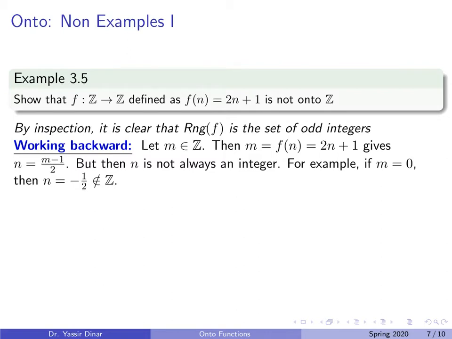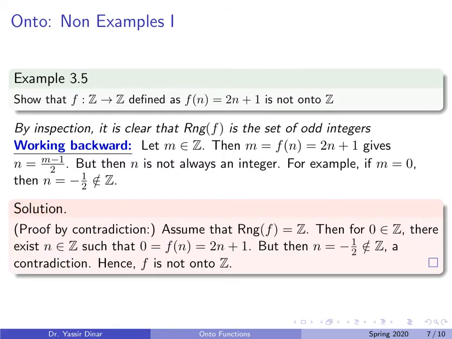So the solution for this example will be a proof by contradiction. We assume that the range of my function f is equal to the set of integers. Then for 0, we can find an integer n such that 0 is equal to f of n equal to 2n plus 1, where n is an integer.